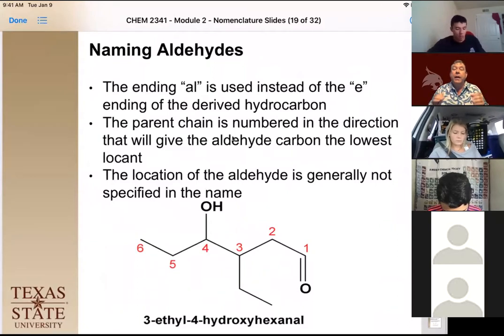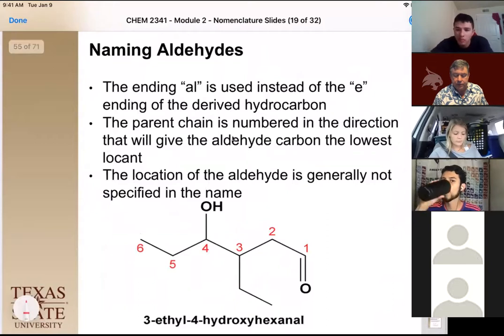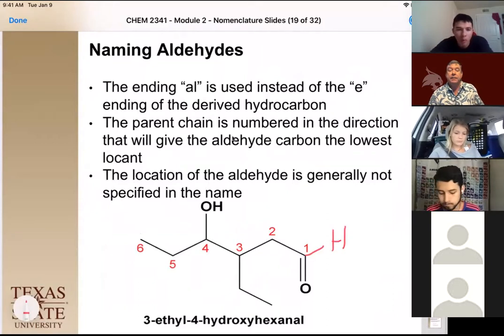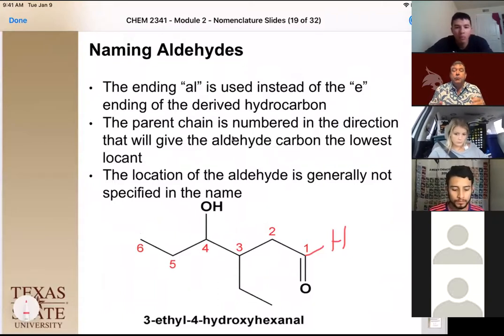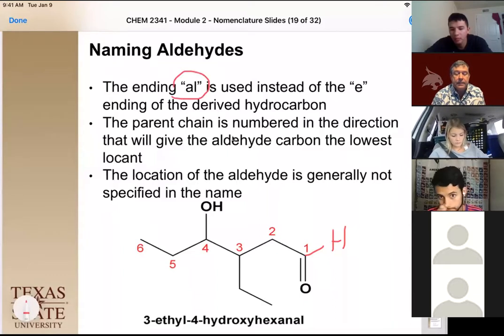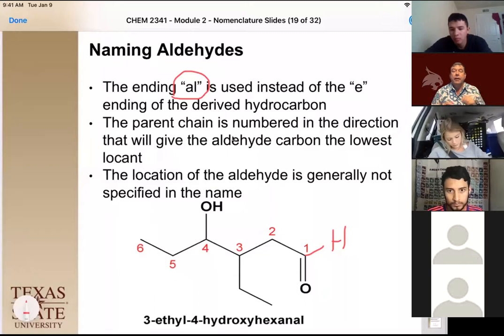The way we denote that we have an aldehyde in our system, and sometimes you might want to just draw that hydrogen there to make sure you remember it's there, is you drop the E at the end, which means it's a hydrocarbon, and you add the Al. So if it was just the aldehyde of ethane, it would be ethanal. We just drop the E and add Al. That's indicative of the aldehyde. It's easy to remember: aldehyde, al.